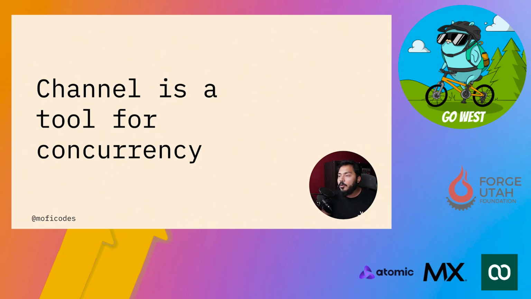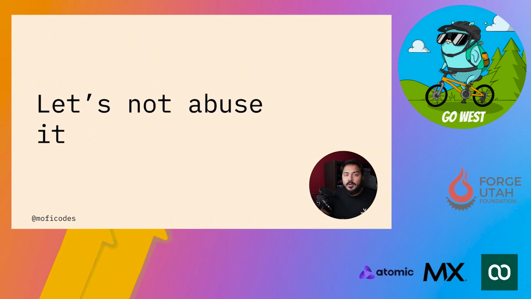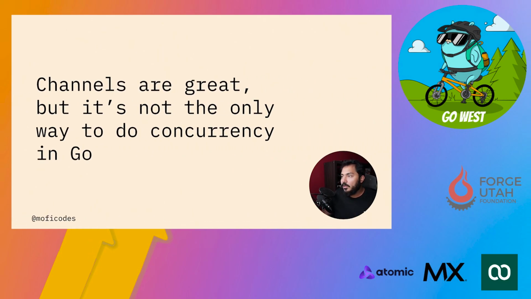You should not always try to solve your problems with channels only. Like any tool, you shouldn't abuse it. You shouldn't think channel is the hammer and everything is a nail. We should look at our problem and see if channel is the best solution available at the time. So channels are great, but it's not the only way to do concurrency in Go. That's right, we talked about it.